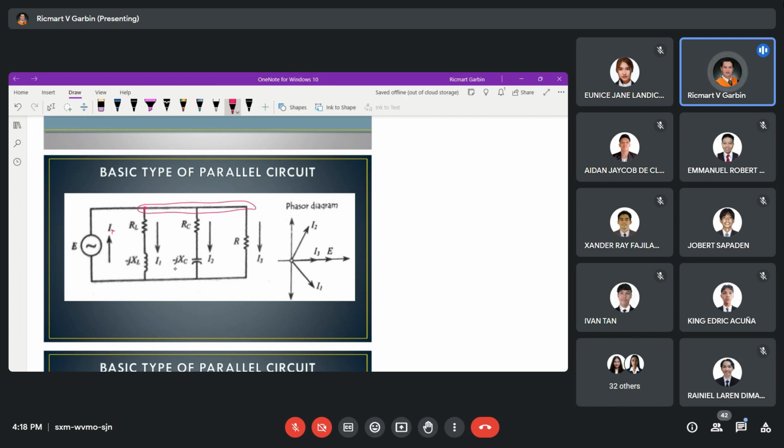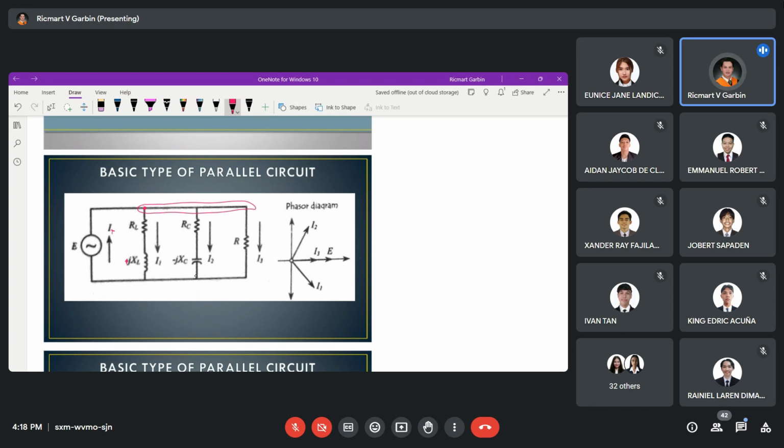Tapos, dito naman sa RL natin, take note that this is plus, kasi ito ay X sub L. Di ba sabi nga natin kanina doon sa ating table, naka-plus JXL yon. So, ito naman yung ating I1. Lagging naman siya, or the current lags the voltage by a certain angle dito, depending upon kung ano yung impedance natin.